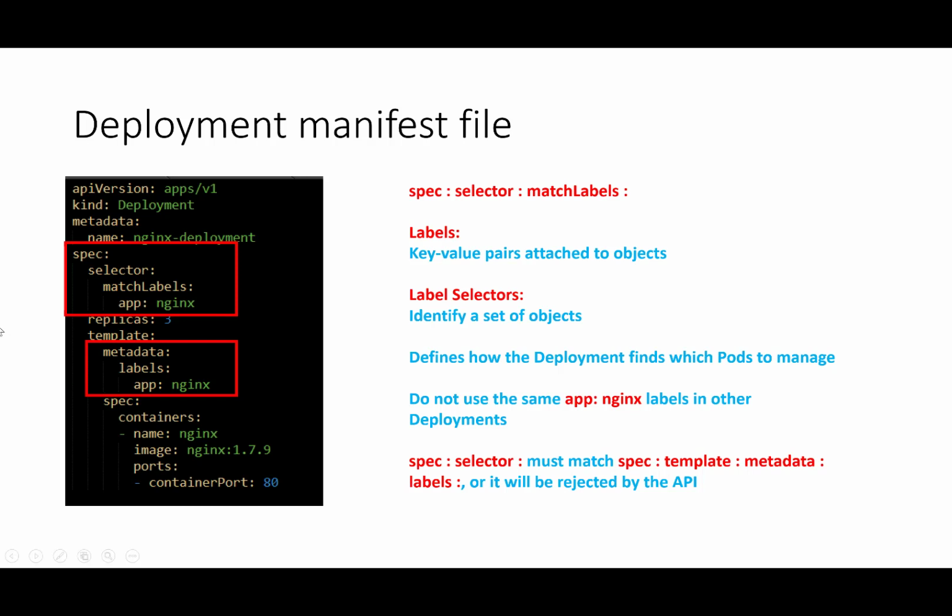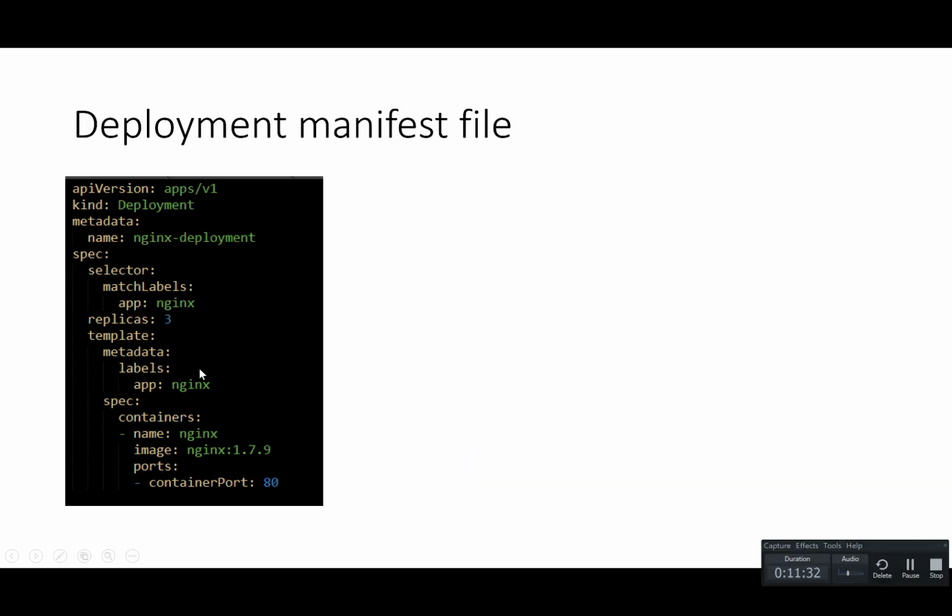For example, you can get all the pods where the key equals app and nginx is the value. With set based, you can have more complex operators like in, not in, exists, and so on. The other thing to note is that the selector matchLabels should exactly match the labels specified in spec template metadata labels.